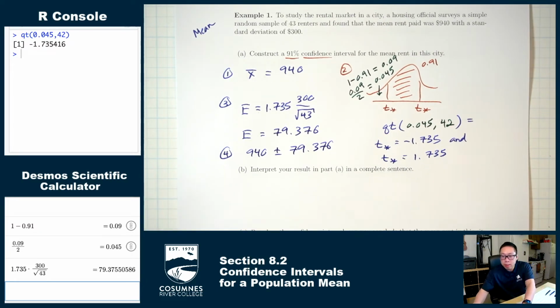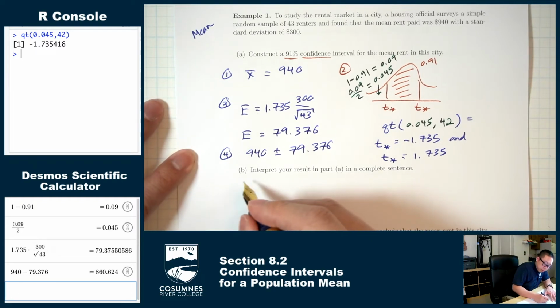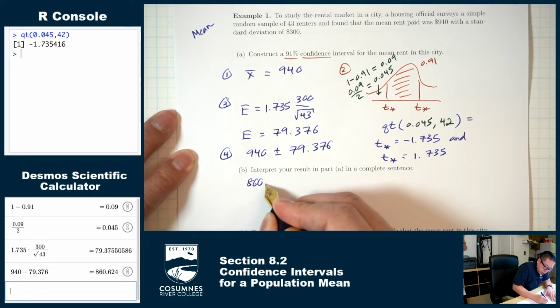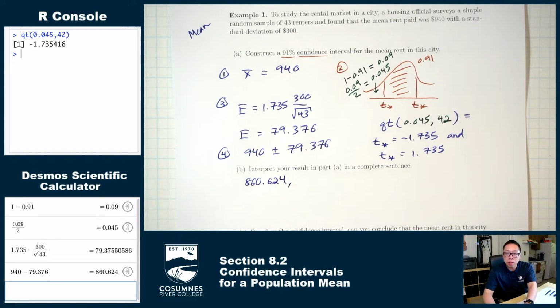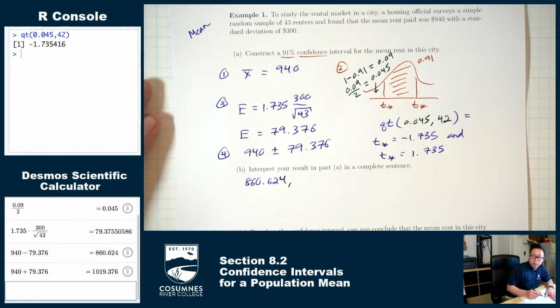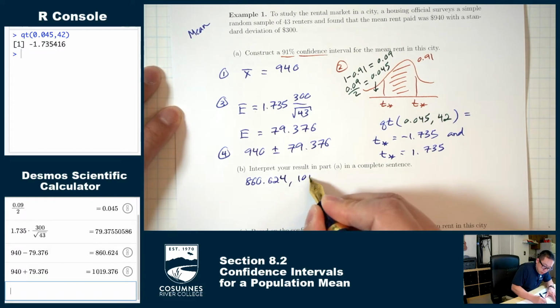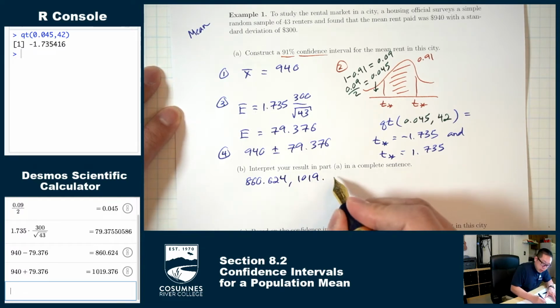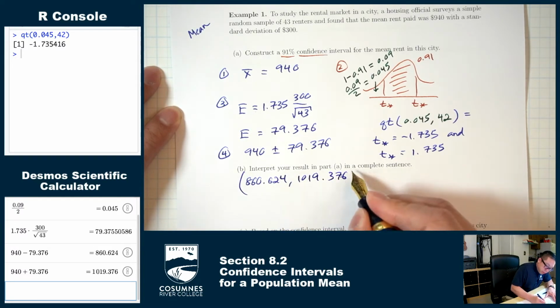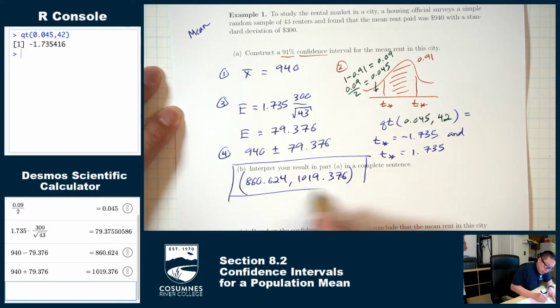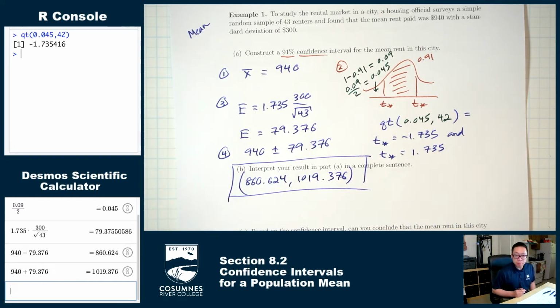So 940 minus 79.376 is 860.624, the low number, and then the high number, 940 plus 79.376 is 1019.376. And that's your confidence interval.